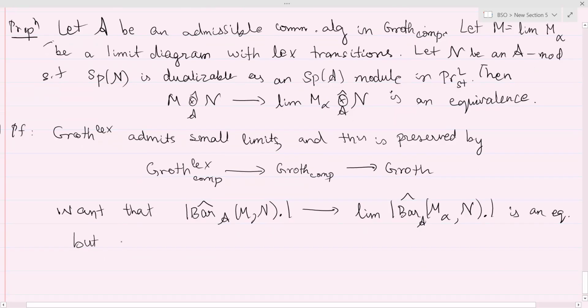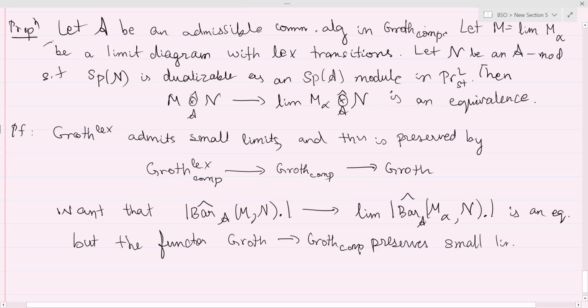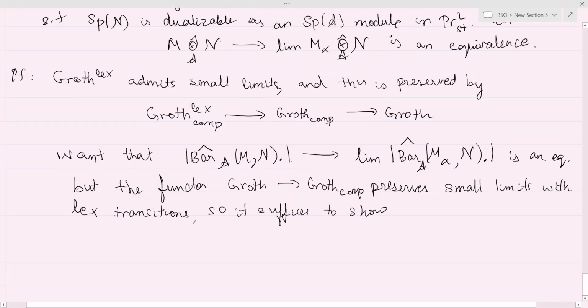But the functor from Groth to Groth comp preserves, so it suffices to talk about the uncompleted ones.